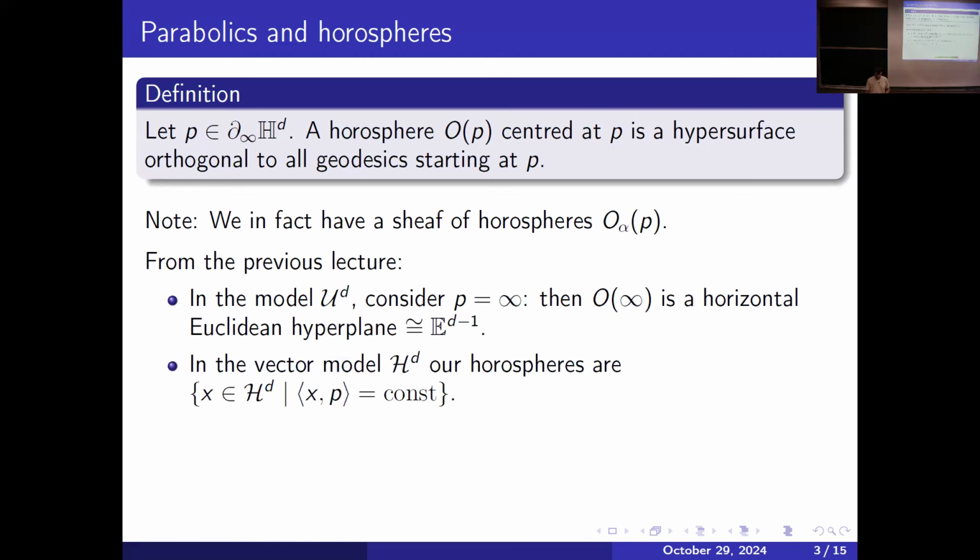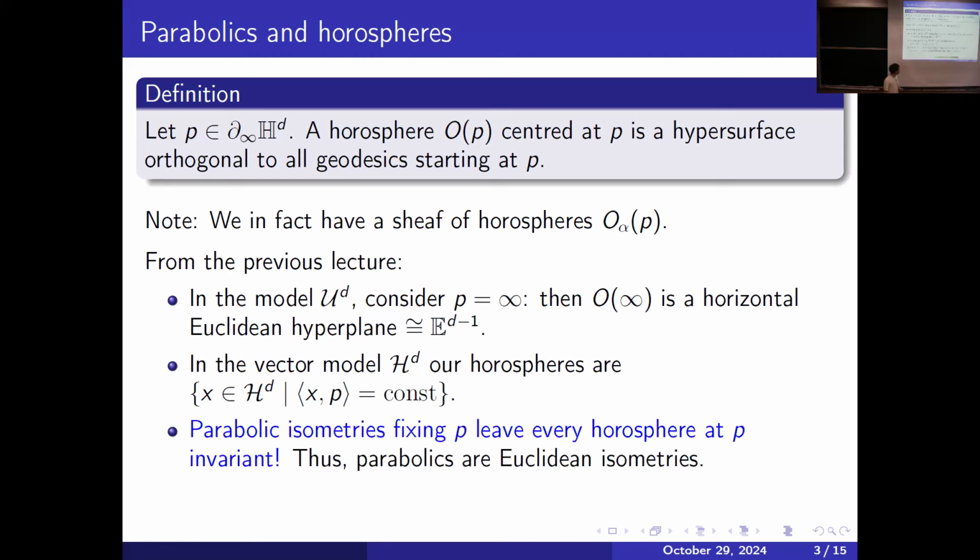And in the vector model H^d, our horospheres are the sets defined as follows. They consist of vectors x such that the Lorentzian scalar product with P is constant. By varying this constant we again get a bundle of horospheres.